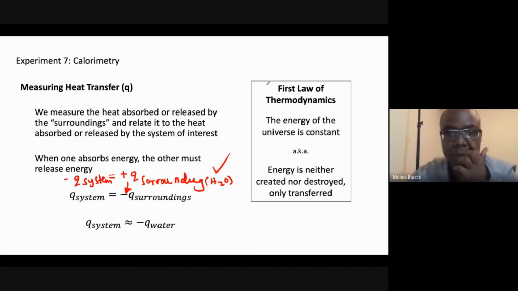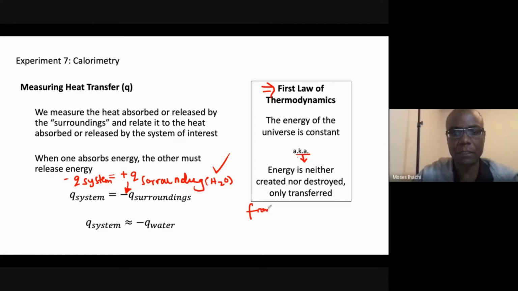Okay, so let's discuss the first law of thermodynamics. The energy of the universe is constant, which means everything considered, energy is constant. Also defined as, energy can never be created or destroyed. It's only transferred.